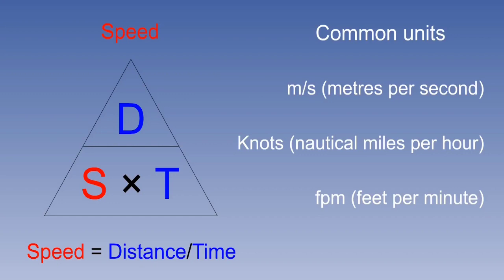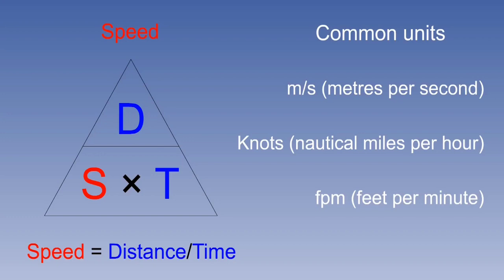In aviation, it is important to be able to convert between these speeds roughly in your head. 2 knots is roughly 1 meter per second. This means, to find the approximate speed in meters per second, you halve the number in knots. For example, an aeroplane flying at 300 knots true airspeed is therefore flying at approximately 150 meters per second.